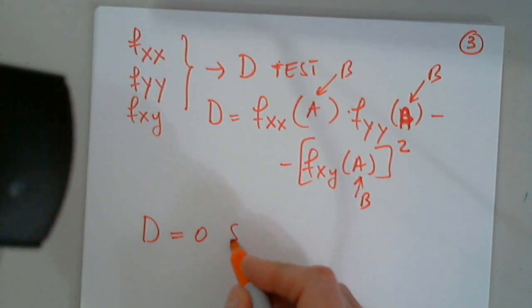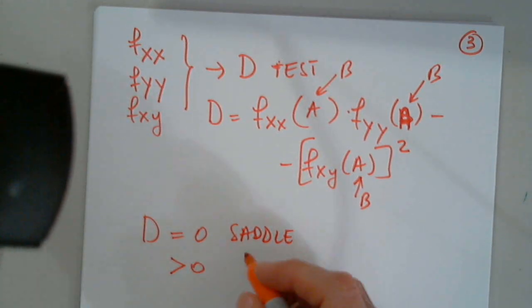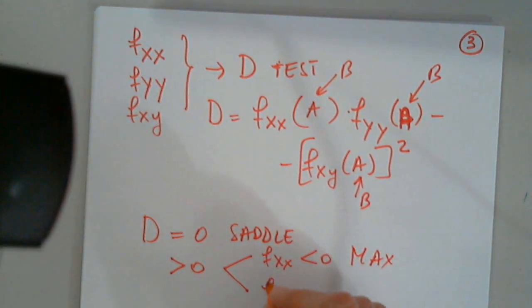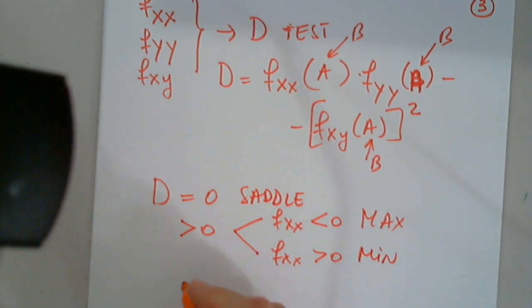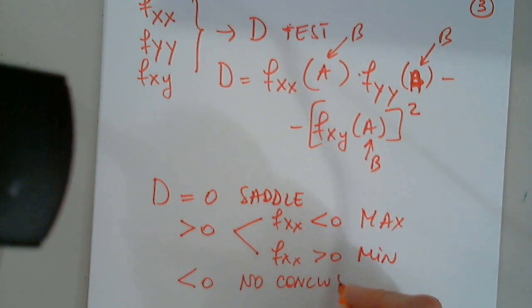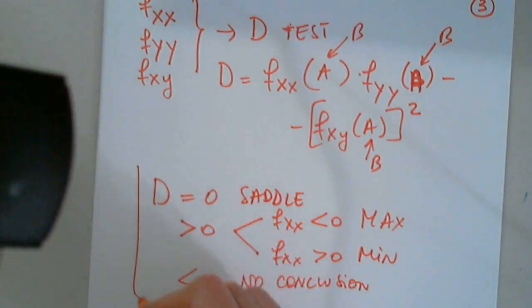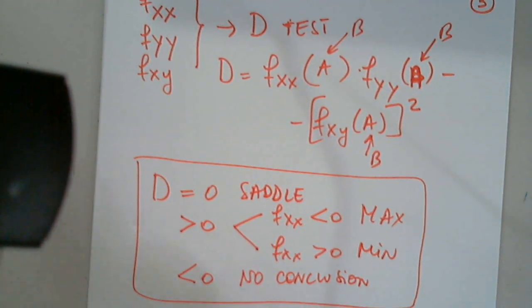If D is 0, saddle. If D is positive, there are two options. fxx less than 0, maximum. fxx greater than 0, minimum. And if D is less than 0, no conclusion, because the test cannot be conducted. It's not applicable.